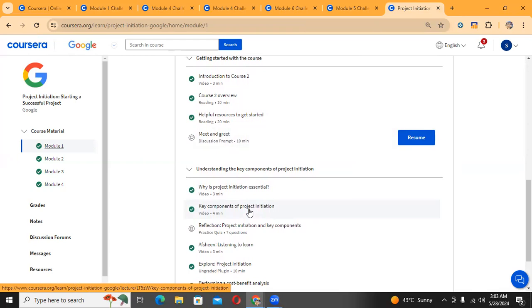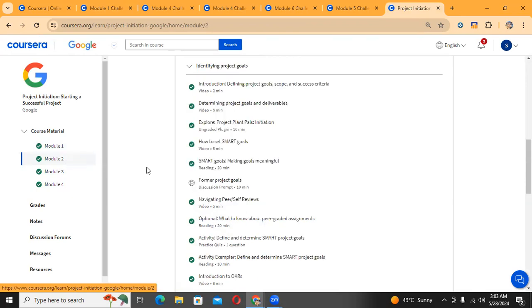This includes the key points: understanding what project management involves with essential terms like project scope, goals, and deliverables, and the role of the project manager. So in the second module, defining a project goal, scope, and success criteria.